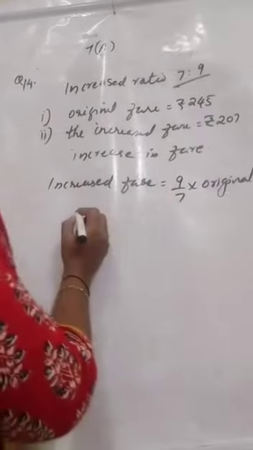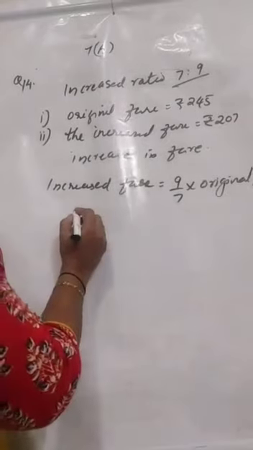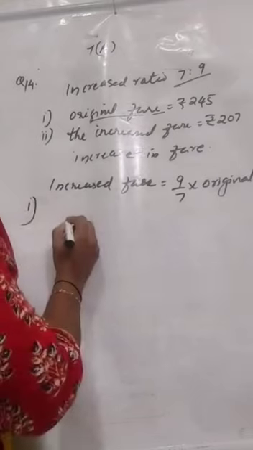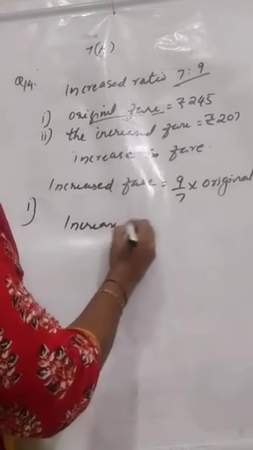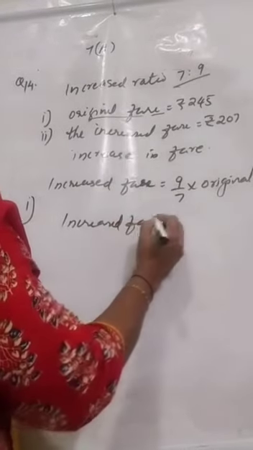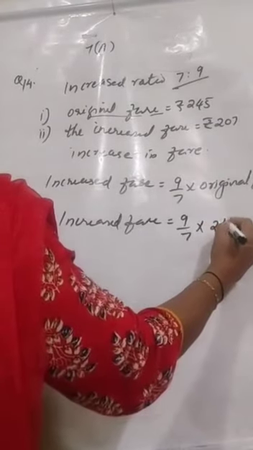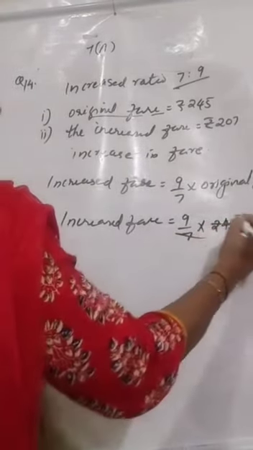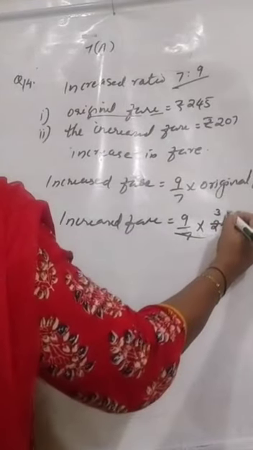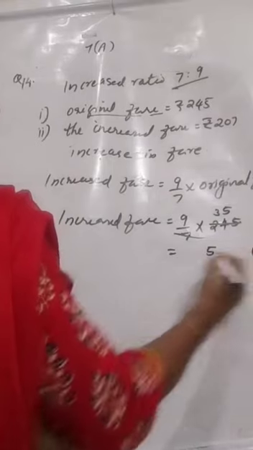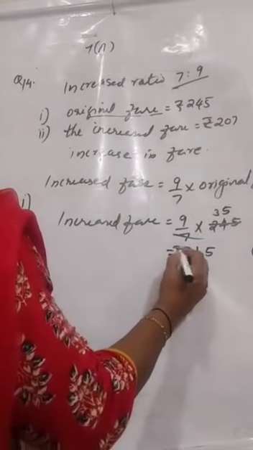So apply this here to find the value. Here the original fare is given in the first case. So increased fare is 9 by 7 into 245, that is 315.